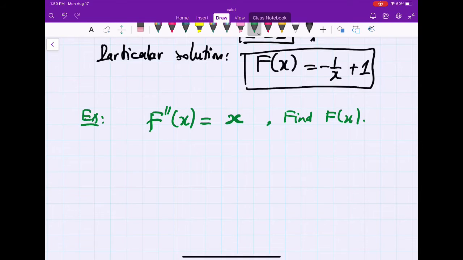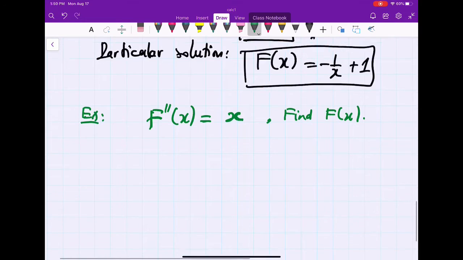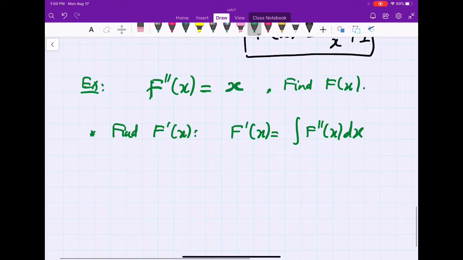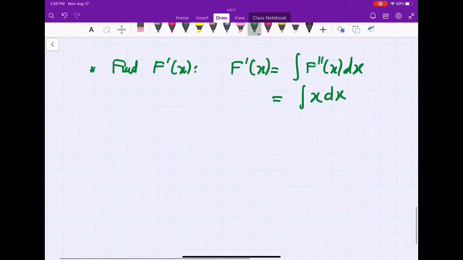You get the first derivative, and then you integrate one more time, you get the function. Agree? So firstly let's find the first derivative. The first derivative is the antiderivative of the second derivative. So that is the antiderivative of x dx, and that is x squared over 2 plus a constant. Let me write c1.